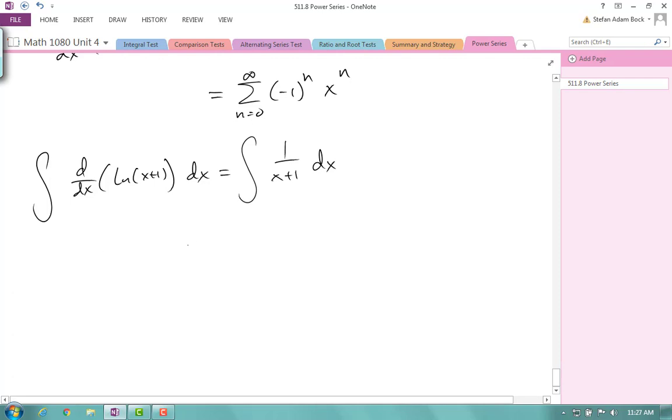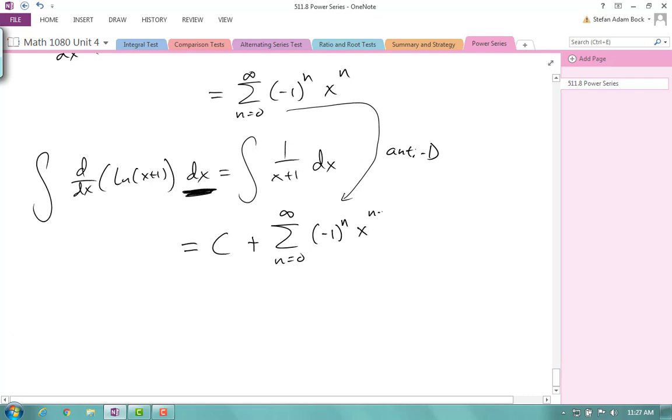So this should be equal to c plus the sum from n equals 0 to infinity of the antiderivatives of each of the terms. So the negative 1 to the n is unchanged because I'm taking an antiderivative with respect to x. So I'll have x to the n plus 1 divided by n plus 1 down here.